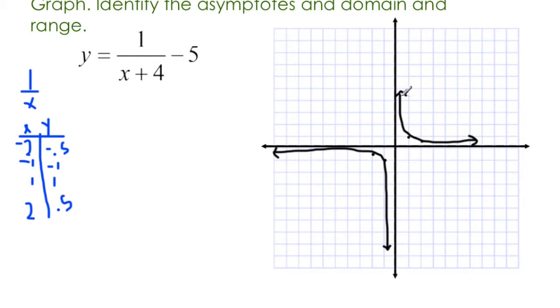Okay. Now, let's look at where my new asymptotes are going to be. My vertical asymptote is x equals h, and x equals h is the opposite of this here, so it's x equals -4. And my horizontal asymptote is at y equals k, and k is y equals -5.